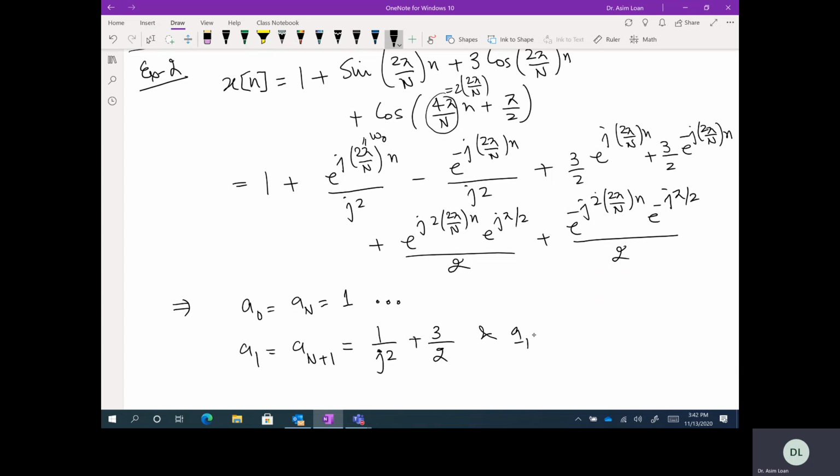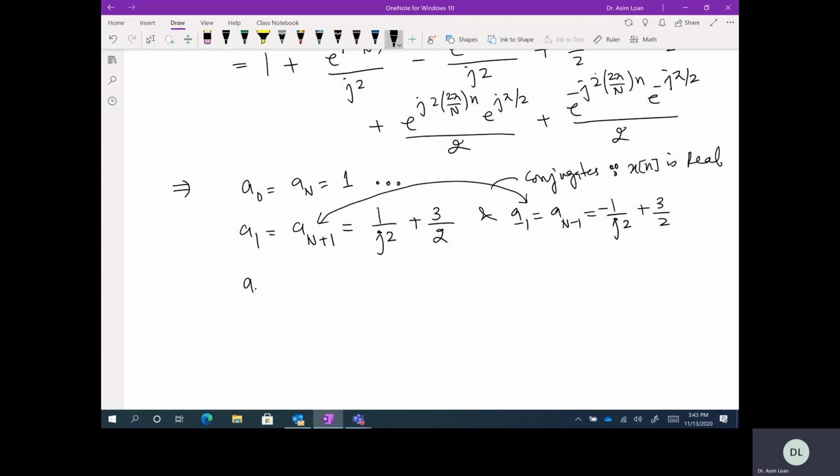And a minus 1, which is equal to a_{N-1}, equals 3 over 2 minus 1 over j2. And again, these are conjugates because x of n is real.